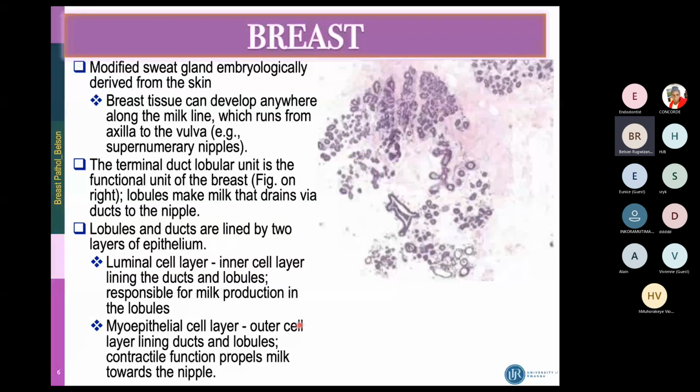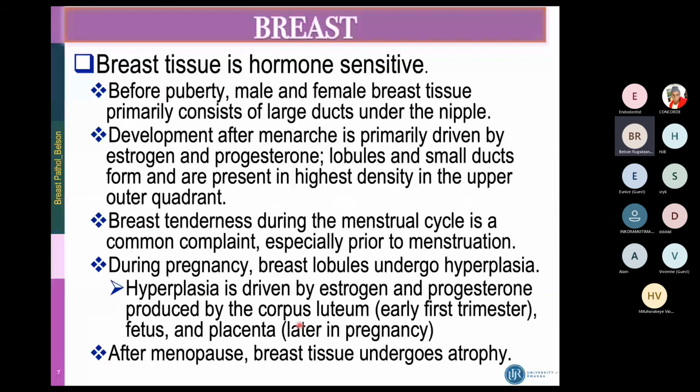So this is in general the normal breast, how it is made, and the breast tissue is hormone sensitive. Before puberty, the male and the female breast tissue is very small. But when puberty comes, because females now produce estrogen and progesterone in high quantity, the breast also develops.